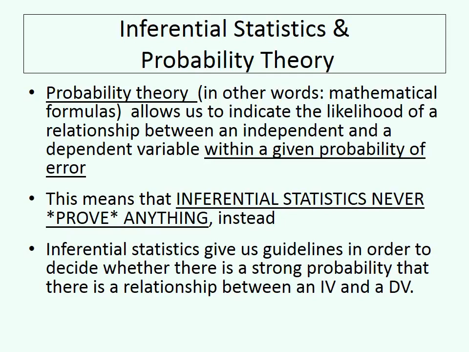Probability theory allows us to indicate the likelihood of a relationship between an independent and a dependent variable within a given probability of error. This means that inferential statistics never prove anything. Instead, they give us guidelines in order to decide whether there is a strong probability that there is a relationship between an independent variable and a dependent variable.